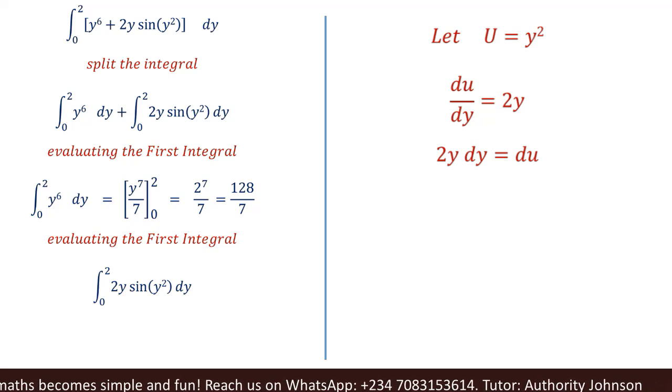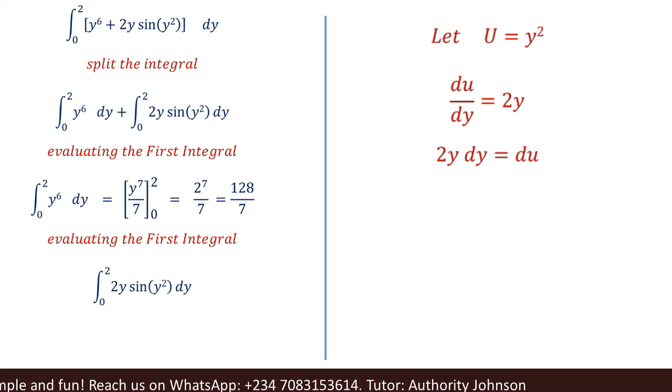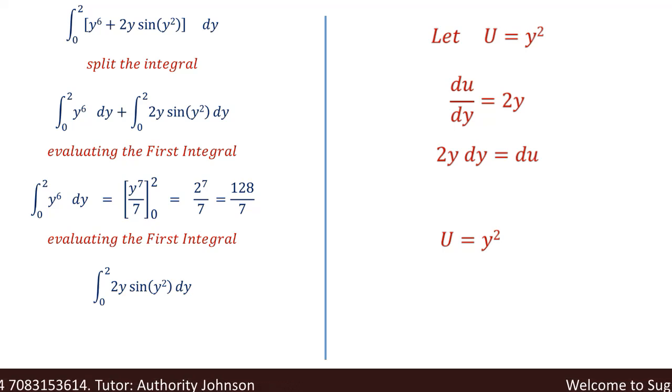Are we together? So now, we have the integral with respect to y, and the limit is from 0 to 2. We are changing the variable y to u, meaning that the boundary is also going to change. Here we say u is equal to y squared. The boundary for y is from 0 to 2, so we're going to get the new boundary for u, the new variable.